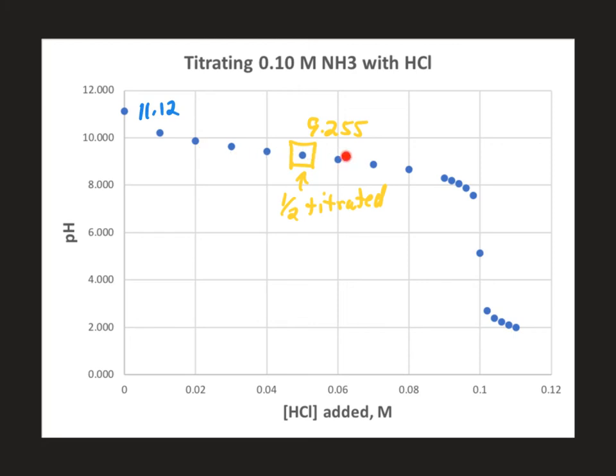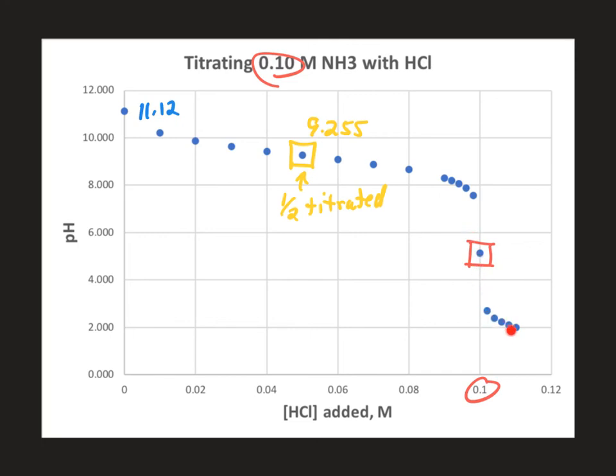So we would get an inflection point here, then our slope would turn more negative again. The change in slope would be negative. Our slope would be getting more and more negative. Suddenly we'd reach our second inflection point, which is, note our concentrations, our equivalence point.